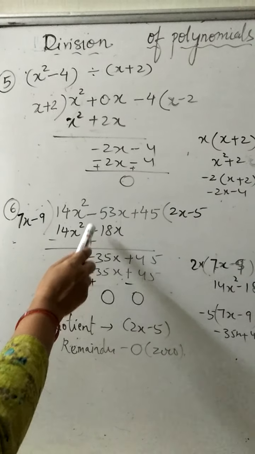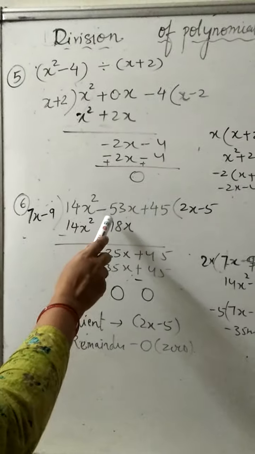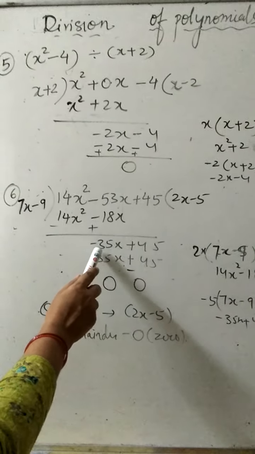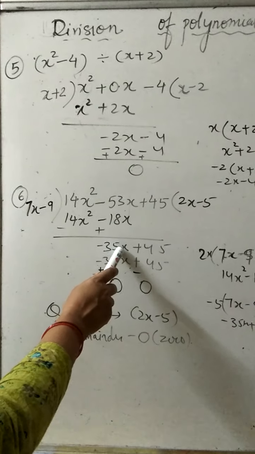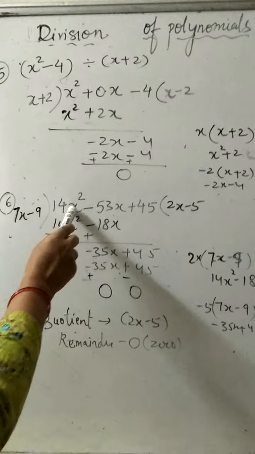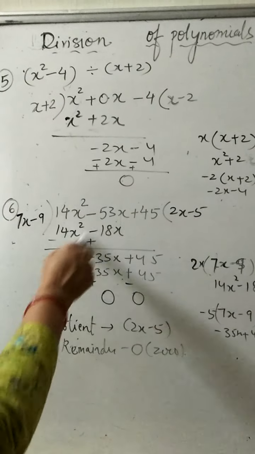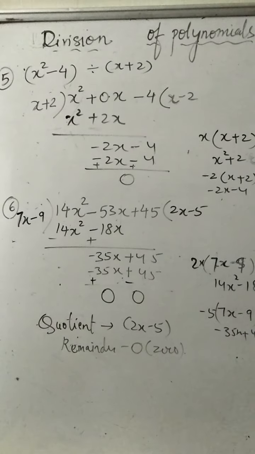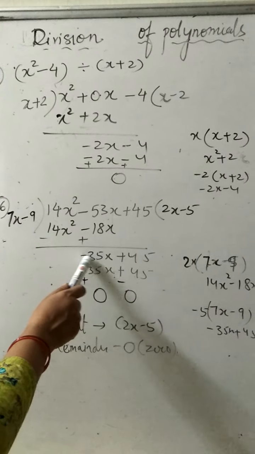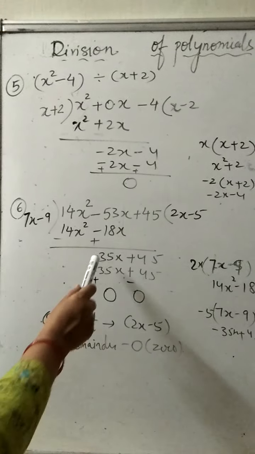Here the negative sign was there, so it will become positive. Now minus 53x plus 18x gives minus 35x. And 45 we have taken down, and 14x square minus 14x square gets cancelled and you will get 0.